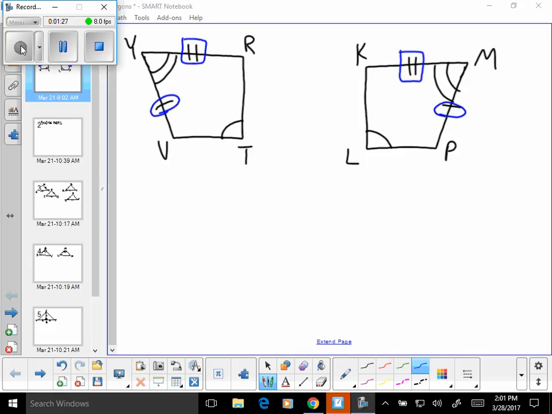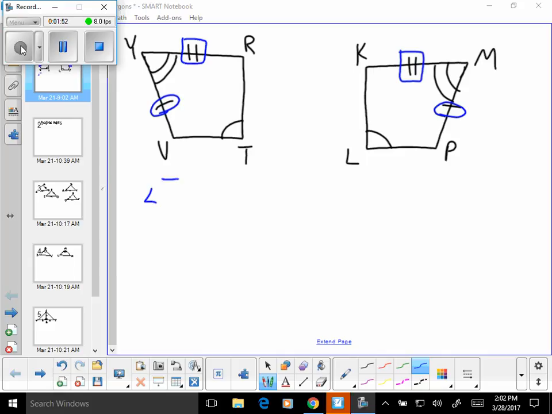To mark congruent angles, we use the arcs. They are actually a form of tick marks. So you'll notice that angle T and angle L are congruent, and so are angle Y and angle M. Now, I usually tell students it's a good idea to start with a pair of angles and then go around the rest of the quadrilateral.